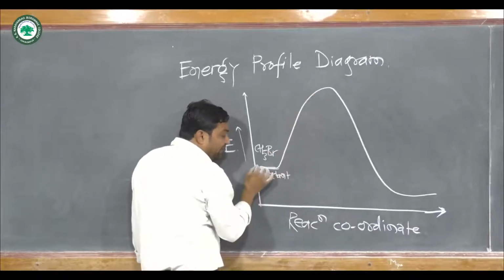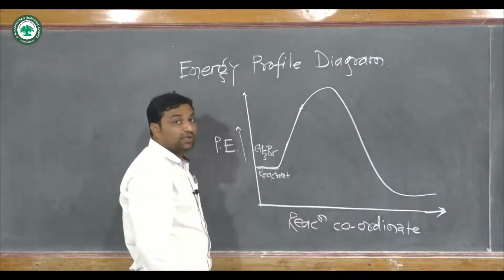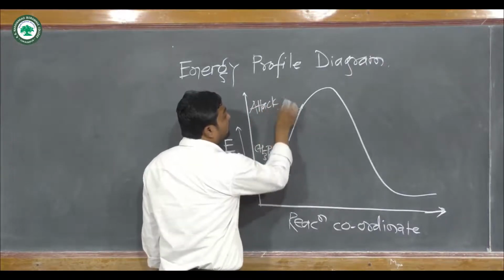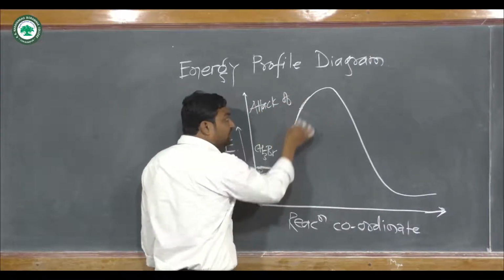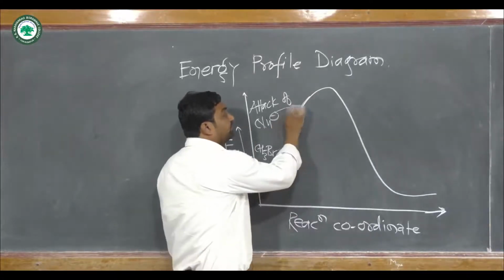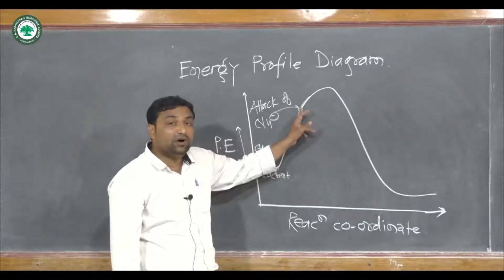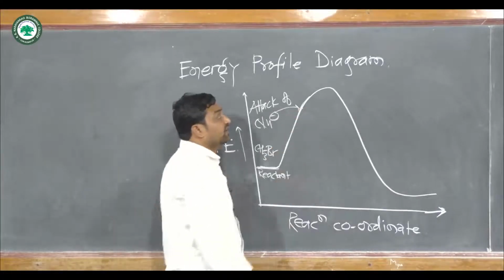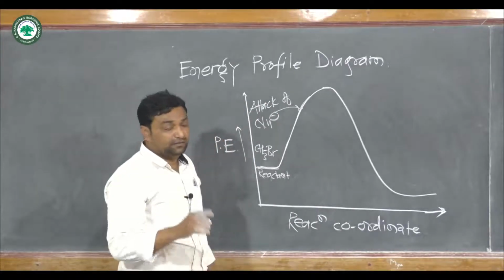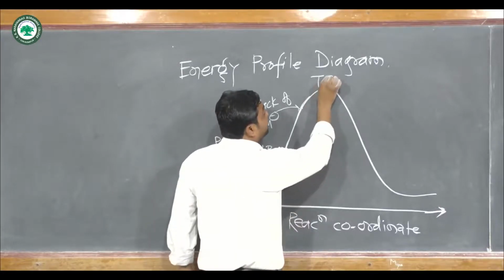As the reaction starts at this position, the nucleophile tries to attack. When the nucleophile tries to attack, the energy of the reactant increases to this level, and this is nothing but the transition state of SN2 reaction.